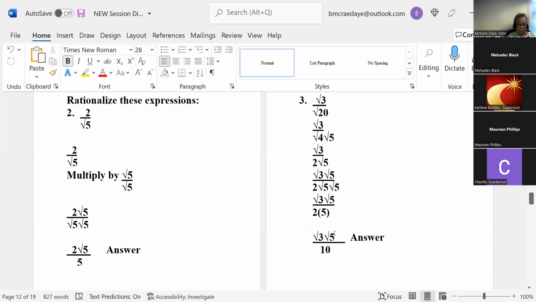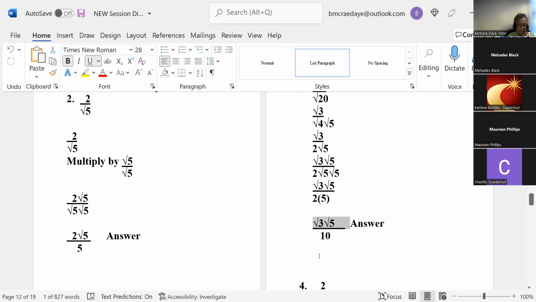Now, this could be expressed also as what? What could I express this numerator as? Maureen, what's square root of 3 times square root of 5? Square root of 15.